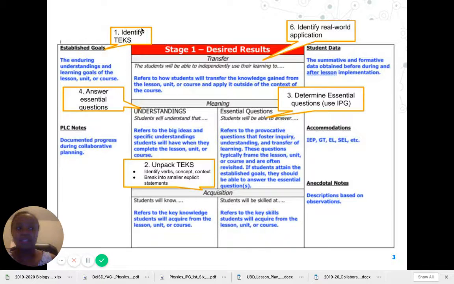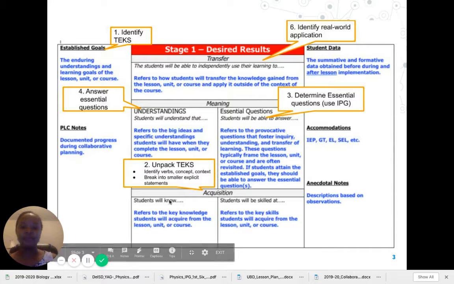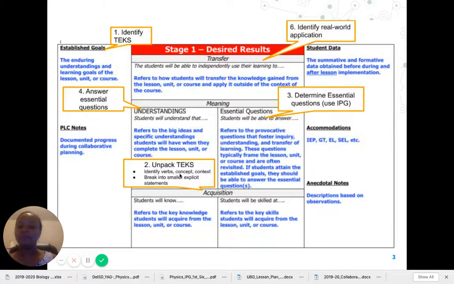Once I identify the TEKS, because everything is TEKS driven, before I do anything else, I need to know specifically what the TEKS is. I need to know and write the entire phrase of the TEKS, unfiltered here. Then I want to unpack the TEKS by identifying key verbs, whatever the concept is, and then identifying the context of that particular TEKS.